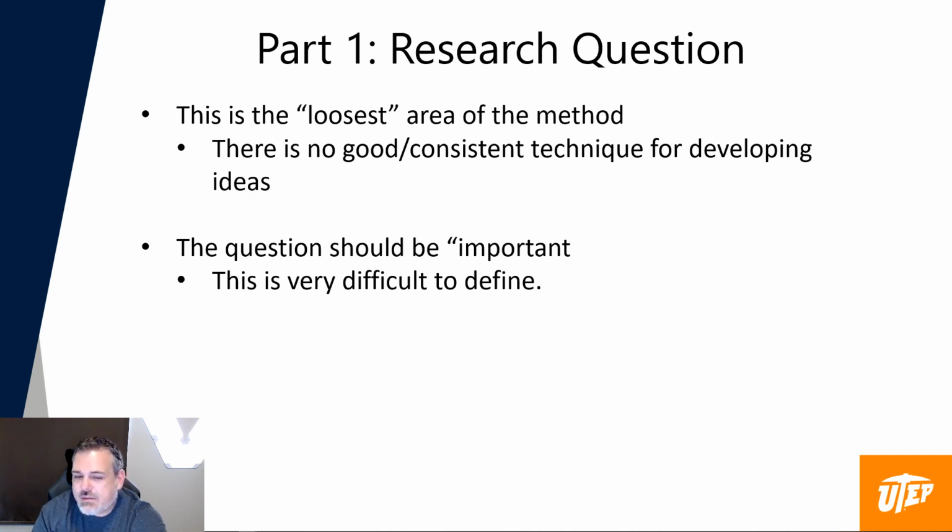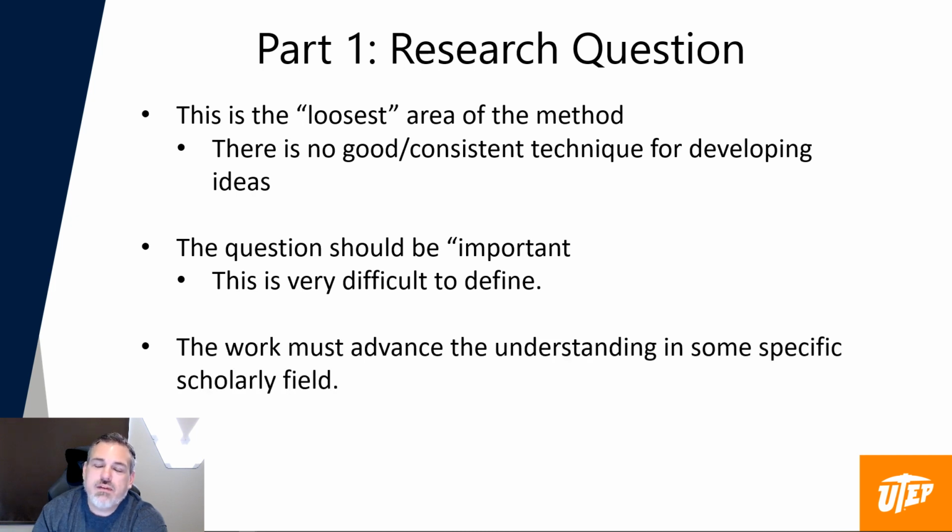And lastly, in terms of the research question, to help guide us to this idea of what our research question should be, the work must advance understanding within a scientific field. And so these are not really good guidelines to get you to a research question. But a research question at its most central should be something that interests you and something you feel would interest other people. And that's the best sort of guidance that we can give you in this regard.